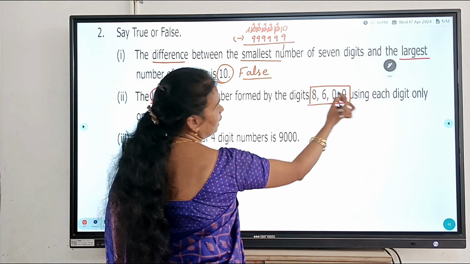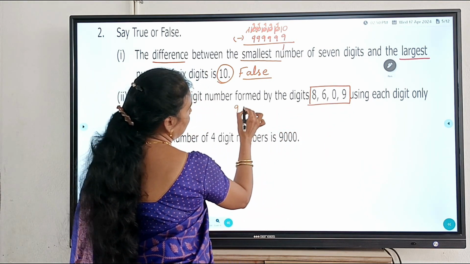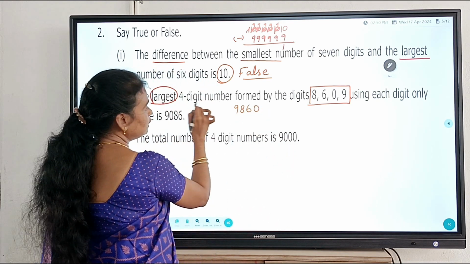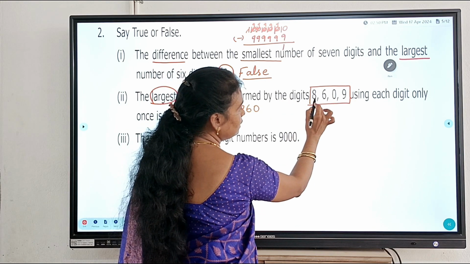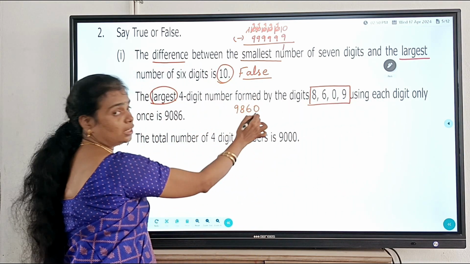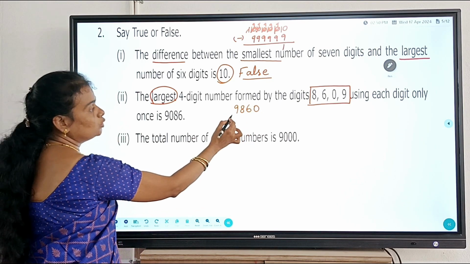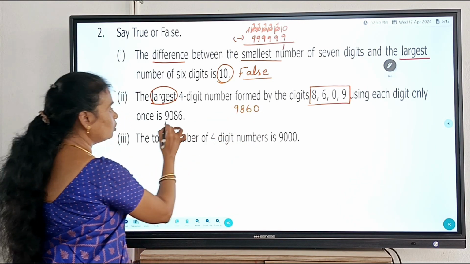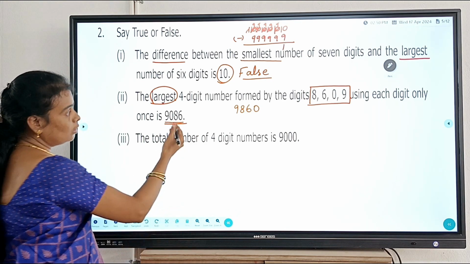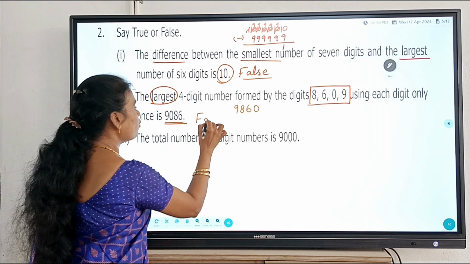Which number is the bigger one here? It is 9, 8, 6 and 0. So the largest four-digit number formed by the digits 8, 6, 0, 9 using each digit only once, and here too we have used each only once, is 9860, but in the statement they have given 9086. So this statement is also false.